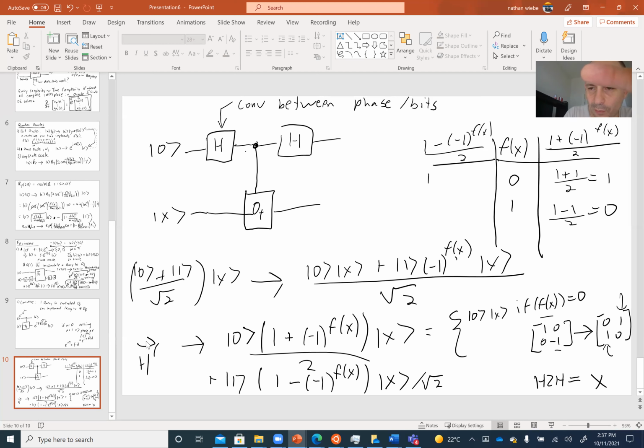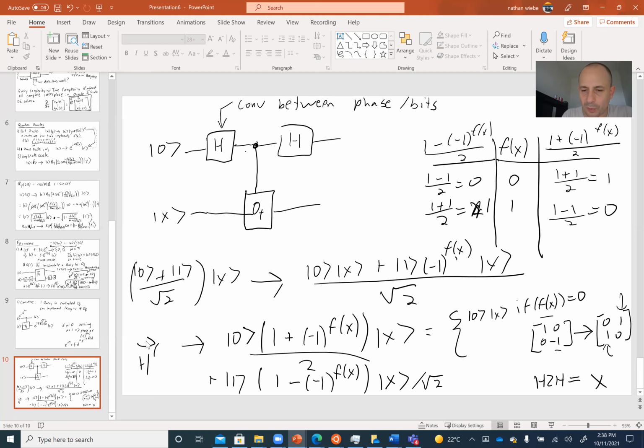In this case, if f(x) is 0, we would get (1 - 1)/2 = 0. And unsurprisingly, if f(x) is 1, we get (1 + 1)/2, which is equal to not 2, it's equal to 1. So in this case, if f(x) is 1, this coefficient evaluates to 1.